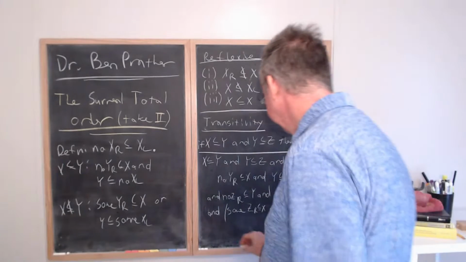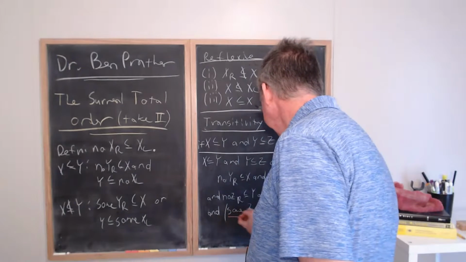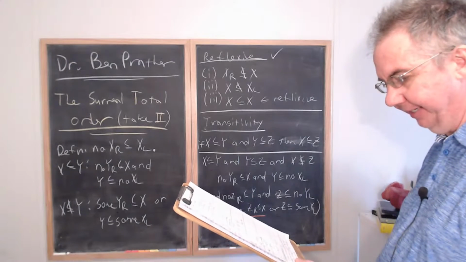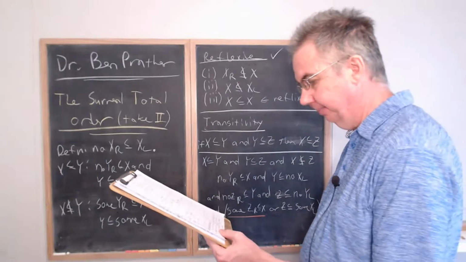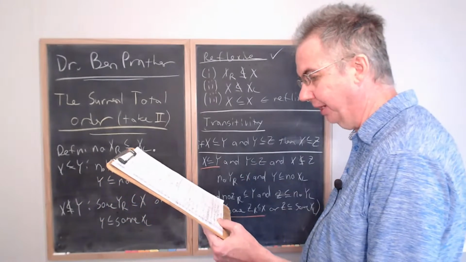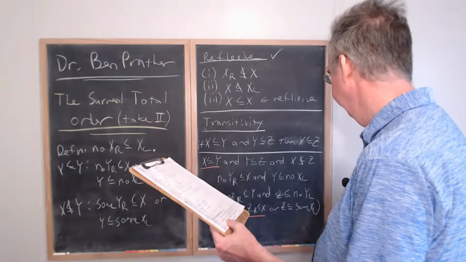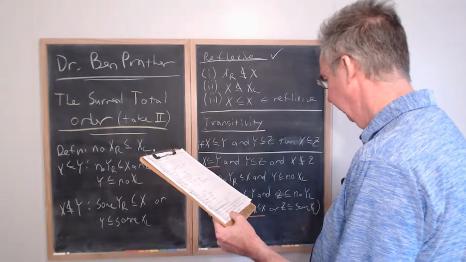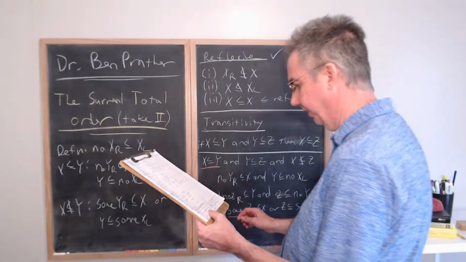So now we have two cases. So for this red case here, if that case is true, we also have x is less than y, and we have that no z sub r is less than y.